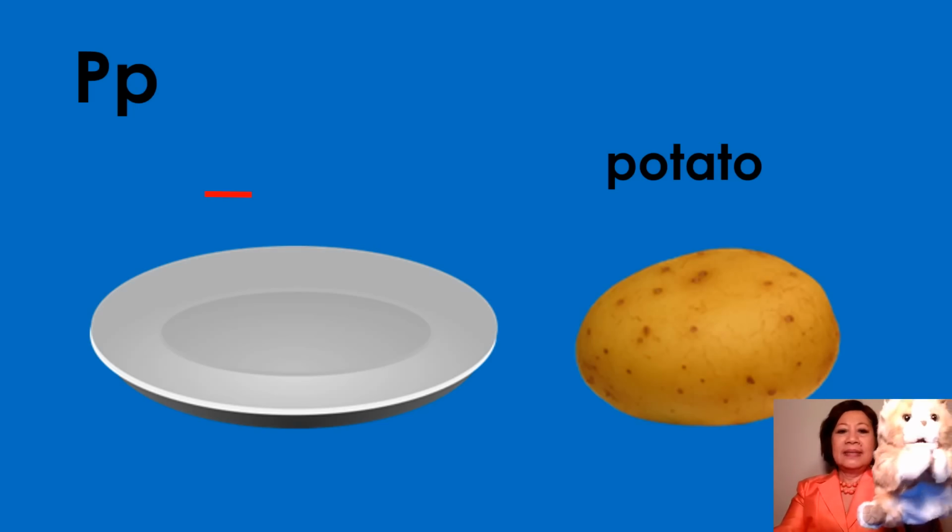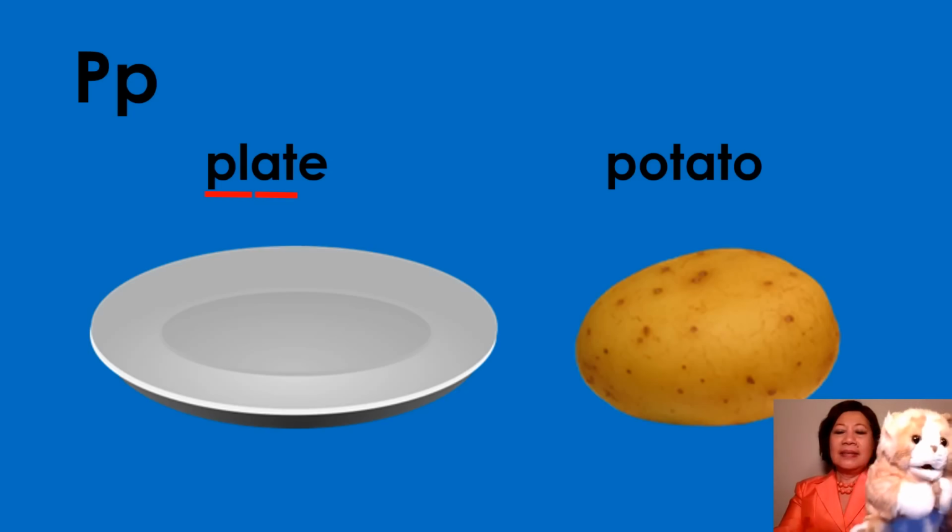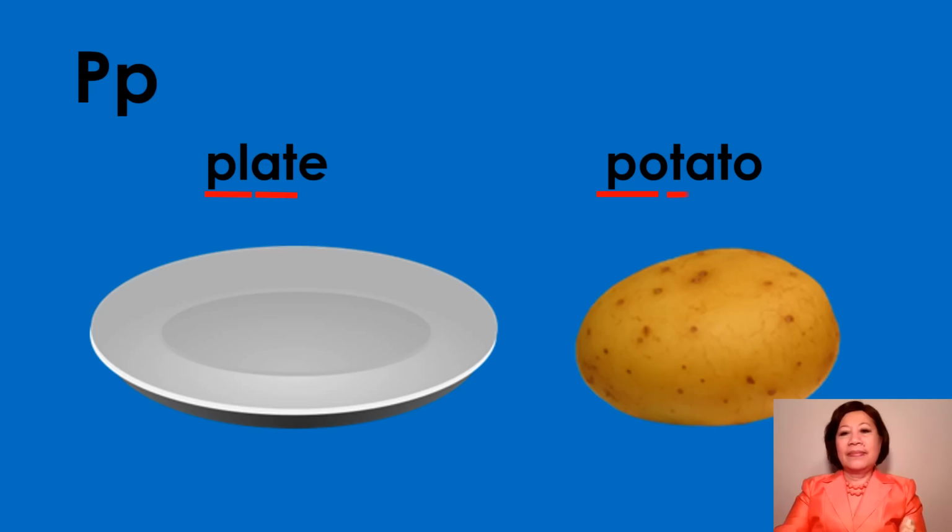P. P says P as in plate. I put food on my plate. P. P says P as in potato. A potato is a vegetable used to make potato salad.